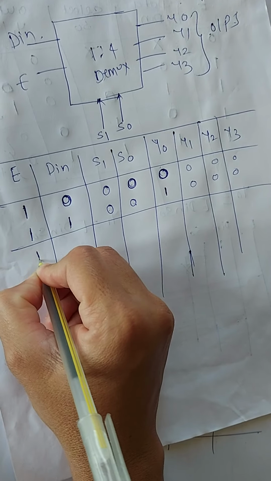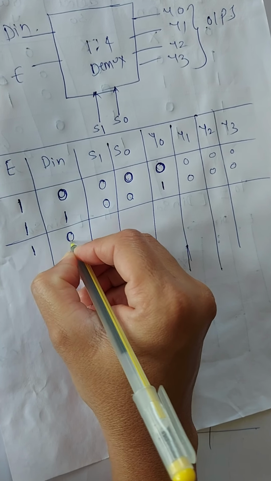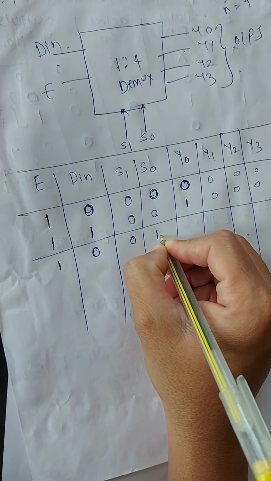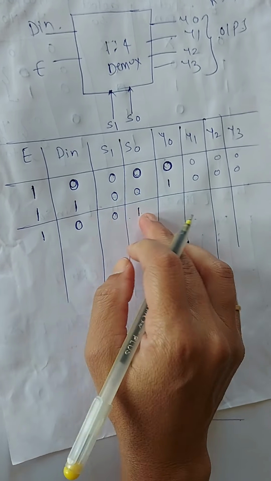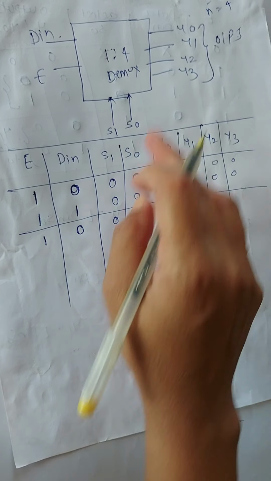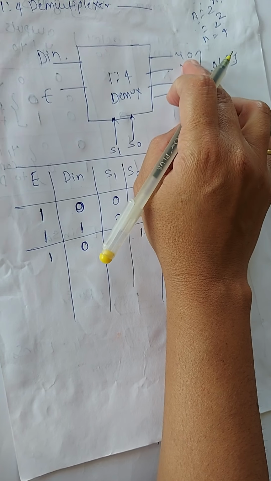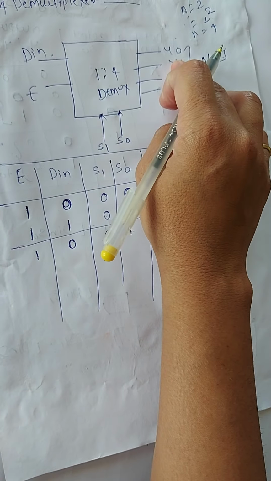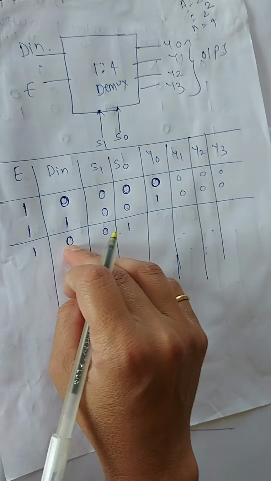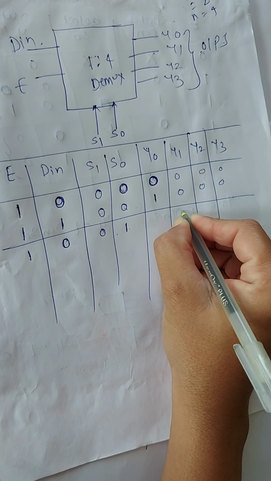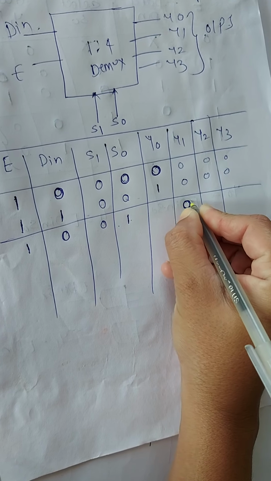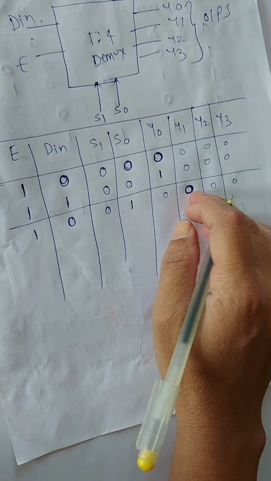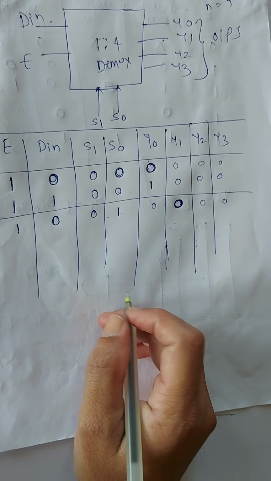Next, when enable is 1, D in data is 0, but S1 and S0 are 0, 1, which means output Y1 is selected. For Y1, D in data is routed, that is 0, so Y1 is 0.